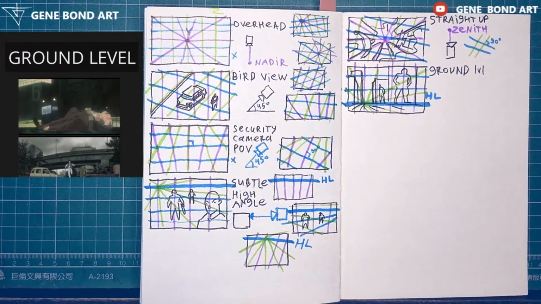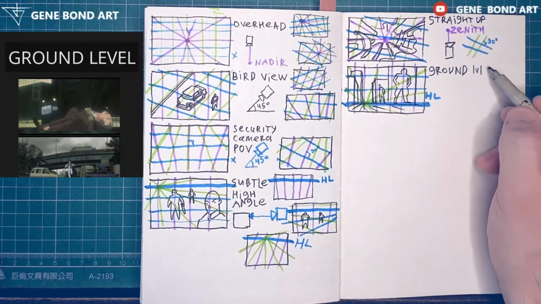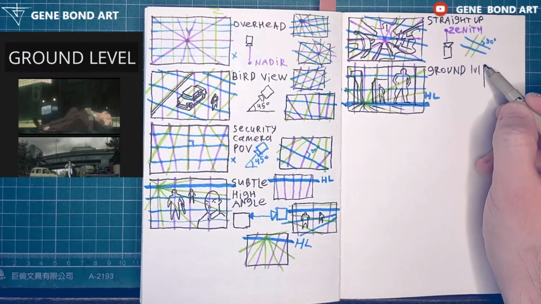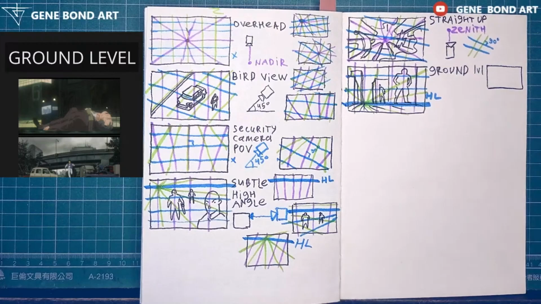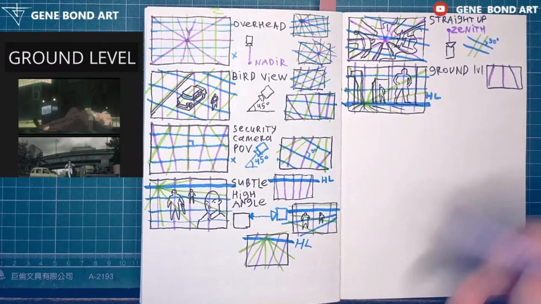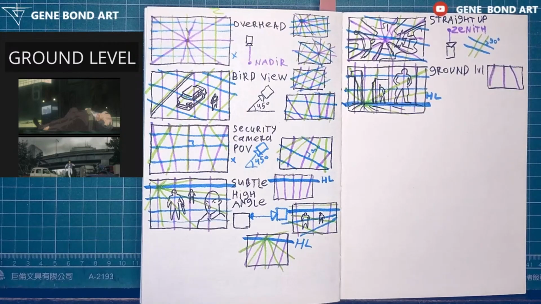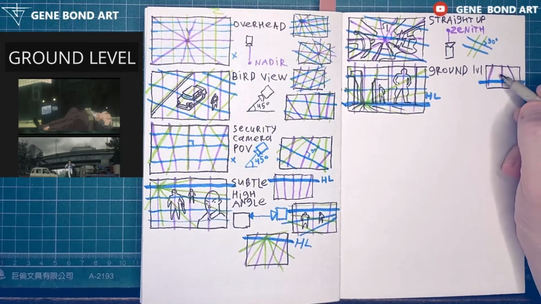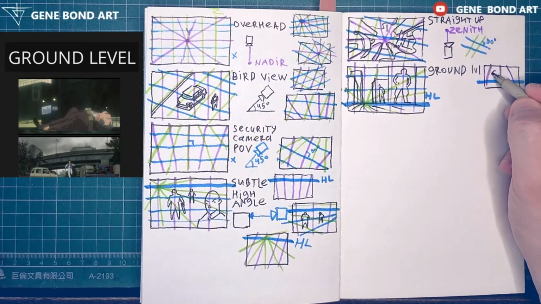So same, you can do a convergent y-axis like this because it's upshot. So we can have this 3-point convergence.